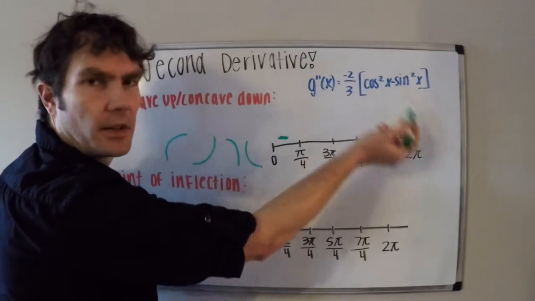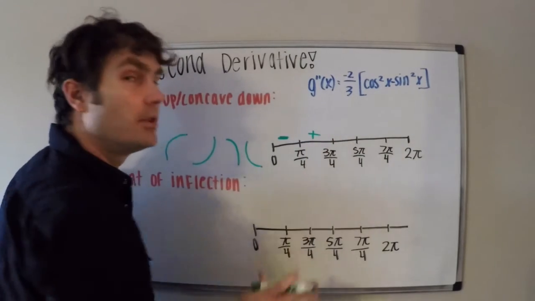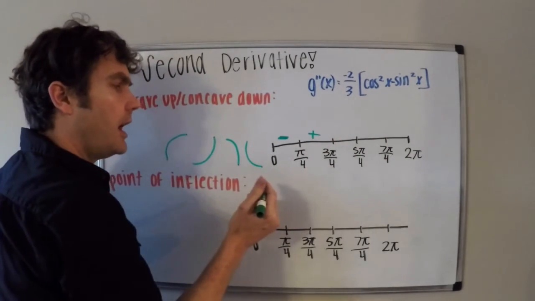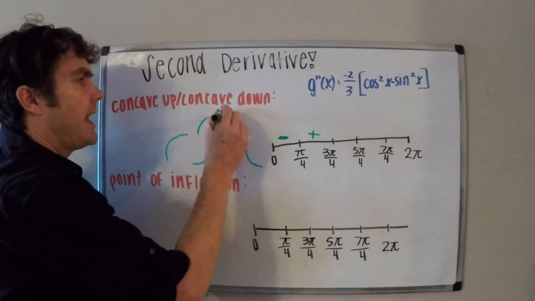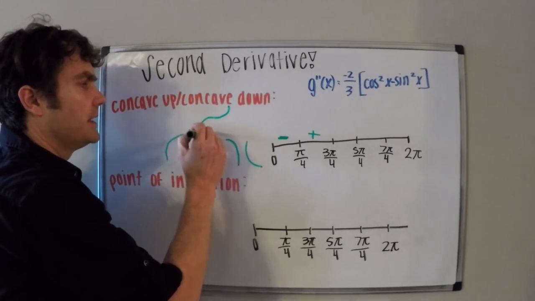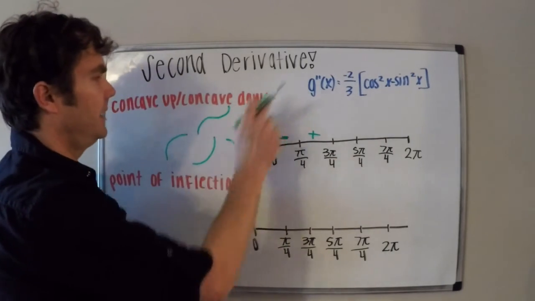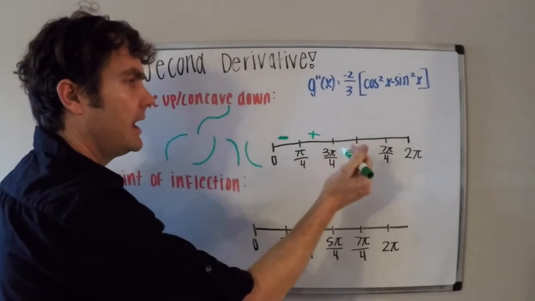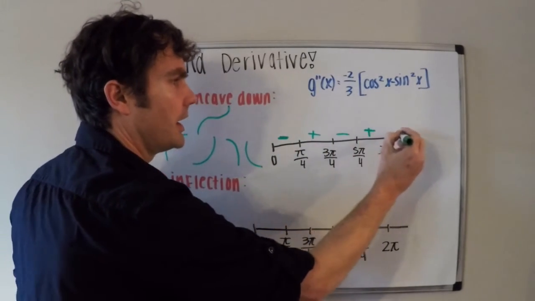So just use your calculator, plug it in, and see what you get. And again, these are going to alternate. They don't always alternate. A function could be going up and then going up again. So you could have plus and then plus with the interval. But anyway, in this case, because it's a sine function, these are going to alternate.